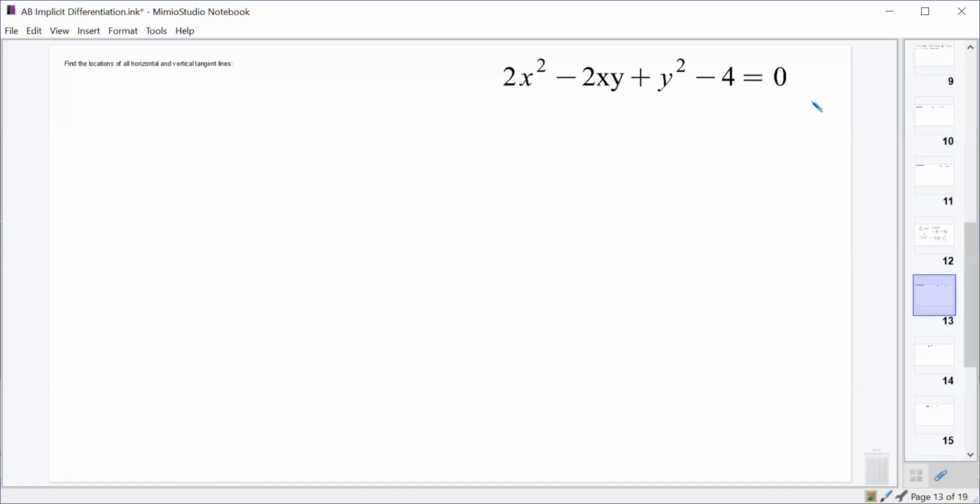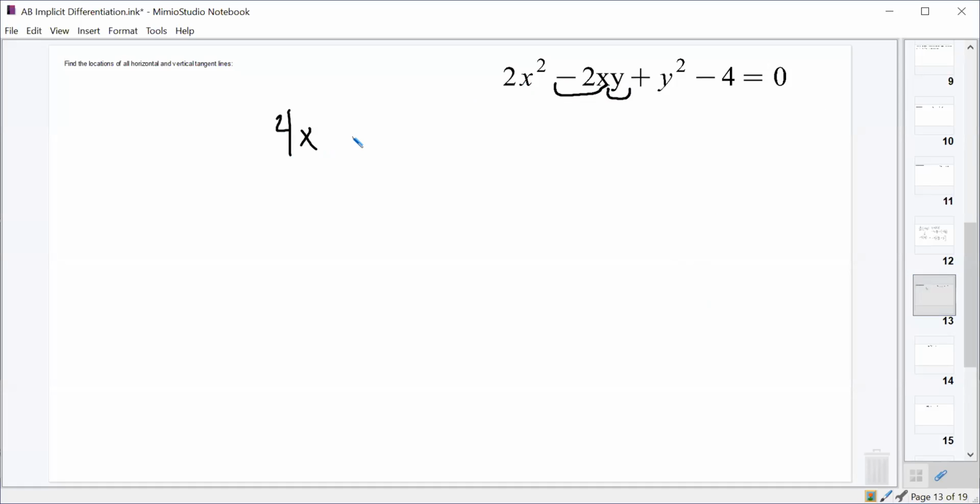So how are we going to start this off to look for where we have horizontal and vertical tangent lines? Find the derivative. The derivative of the 2x squared is 4x. And then just like that one we were talking about a minute ago with the minus 9xy, we'll do the same thing with this. How about we do it as minus 2x and y as our two functions?